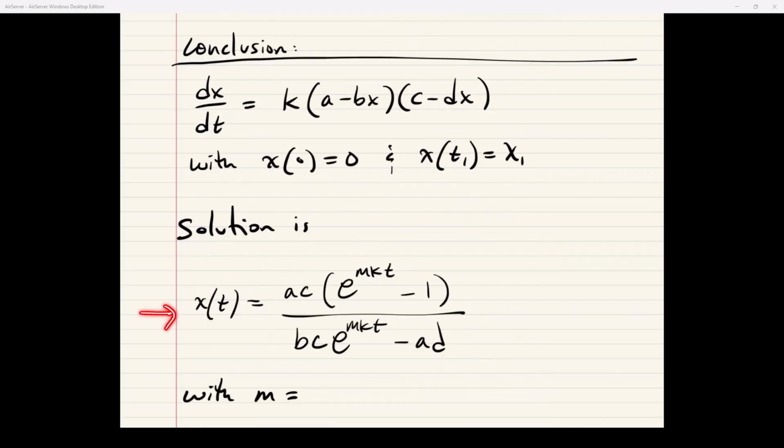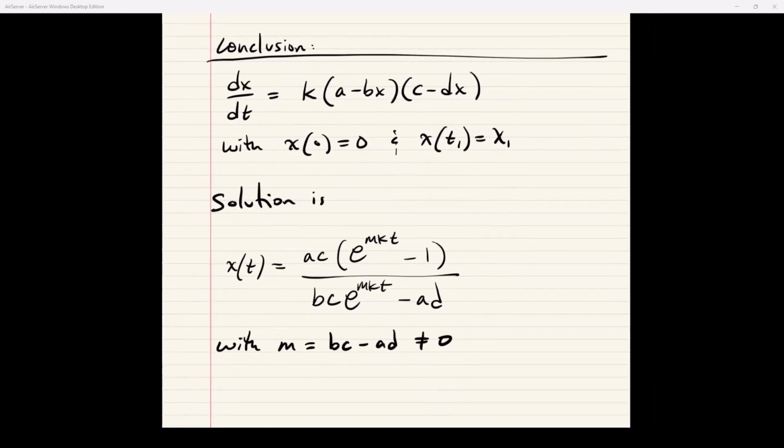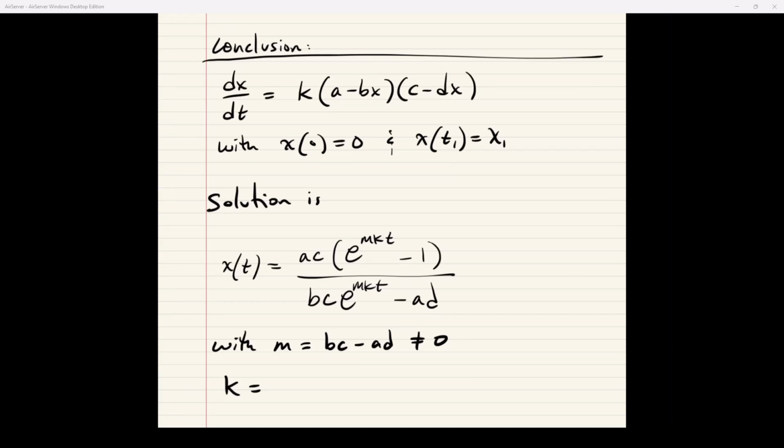The solution has this form with m defined as bc minus a times d, which we have to check to make sure is not equal to 0, and the k, that's 1 over that m times that t1 value times the ln of, say, a divided by c times c minus d times the x1 value over a minus b times the x1 value.